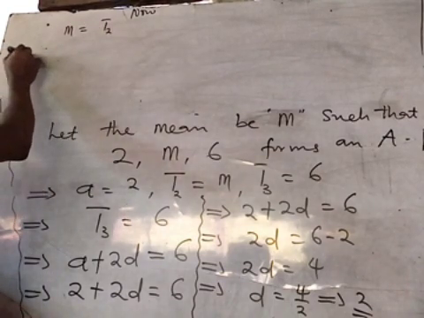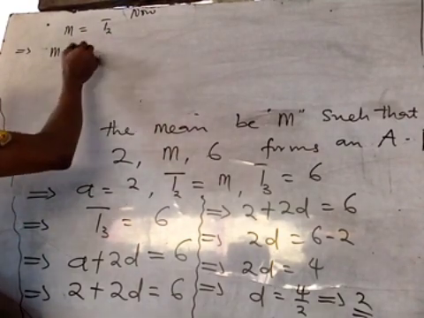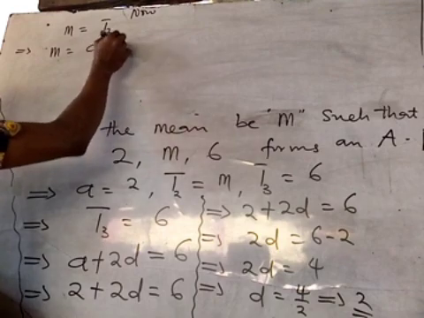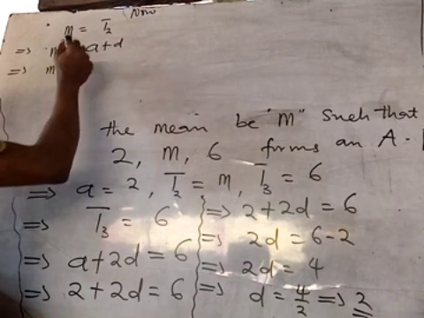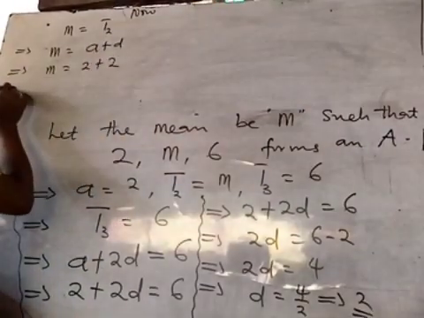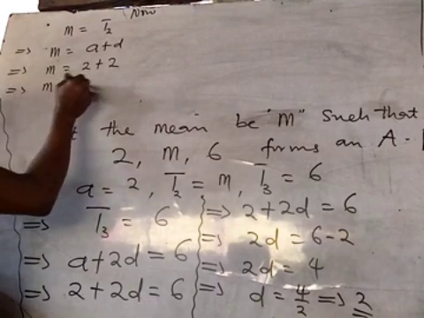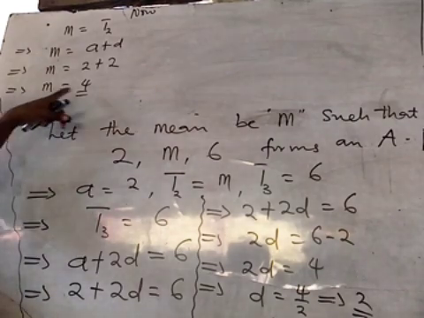For a sequence in AP, the second term is normally a plus d, which means that m is equal to 2 plus 2, since d is also 2. That simply means that the mean m is equal to 4. So we have gotten the arithmetic mean as 4.